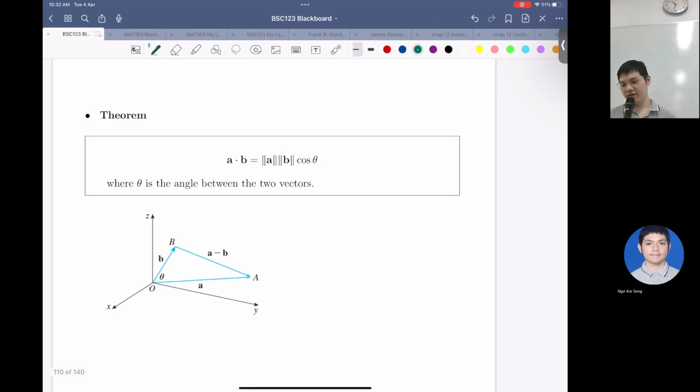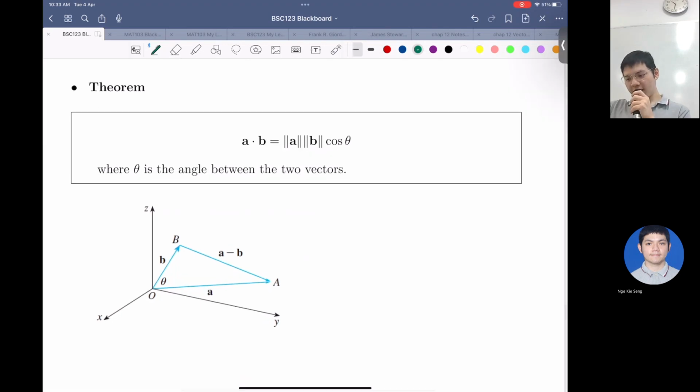Next, there's a theorem here. I think we prove it in linear algebra. I remember I did this in my course. So what is A dot B really? In Rn, we can think of it as the product of the lengths of A and B and the cosine of the angle between them, cos theta. So this information is stored inside the dot product. Just now we got A dot B is 0.